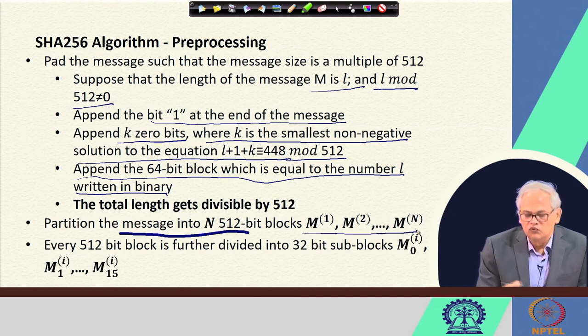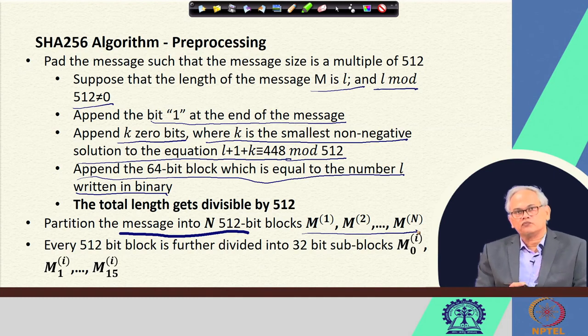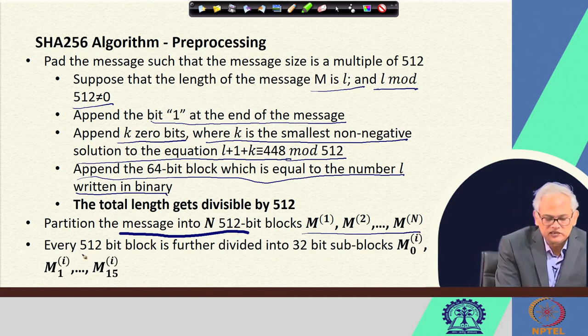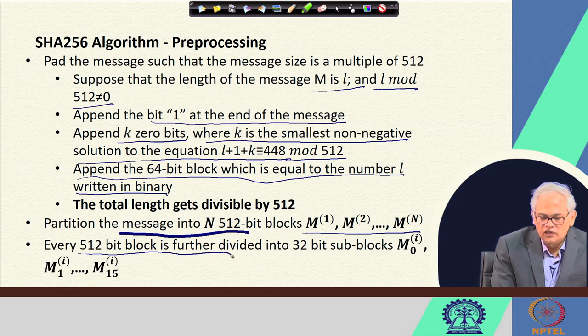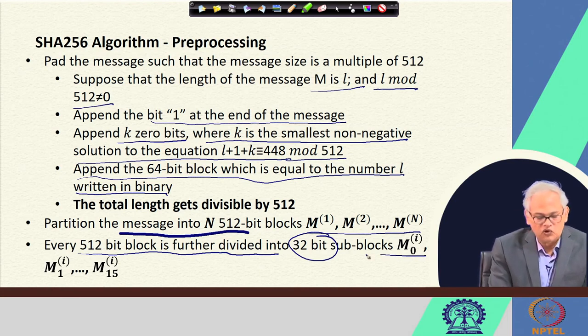So, in general we can have up to n such 512 bit blocks, and each such 512 bit block is further divided into 32 bit sub blocks, and we call them M0i up to M15i.